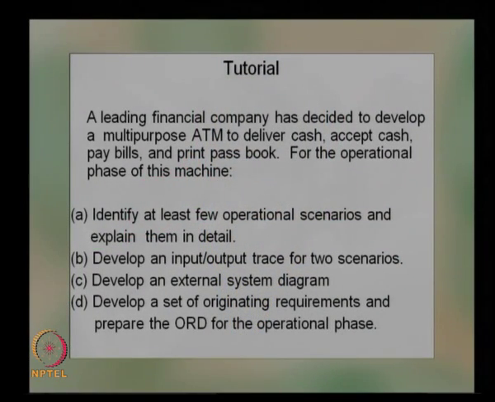Develop an external system diagram, or identify all the external systems which interact with the main ATM system, and then prepare an external system diagram. Then develop a set of originating requirements and, as per the format explained earlier, prepare the originating requirement document for the operational phase. This is the work you need to do as part of the tutorial.